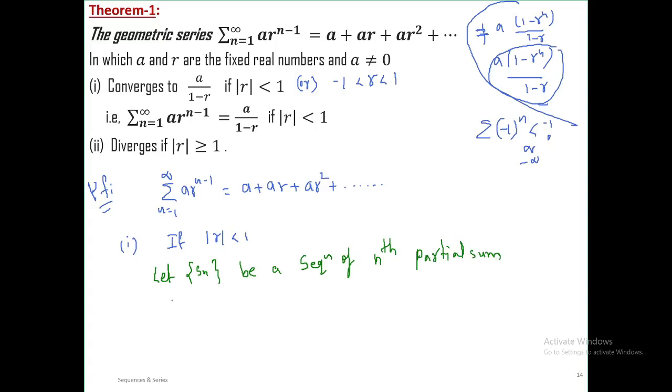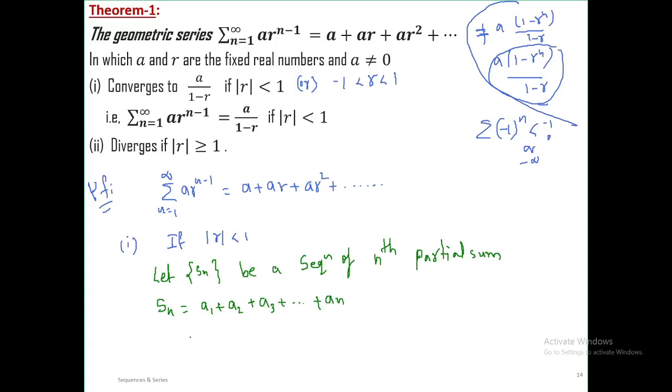Now let me write what is S_n. It is the sum of the first n terms of the geometric series, right? So what are the first n terms? a1 plus a2 plus a3, plus up to so on plus an.